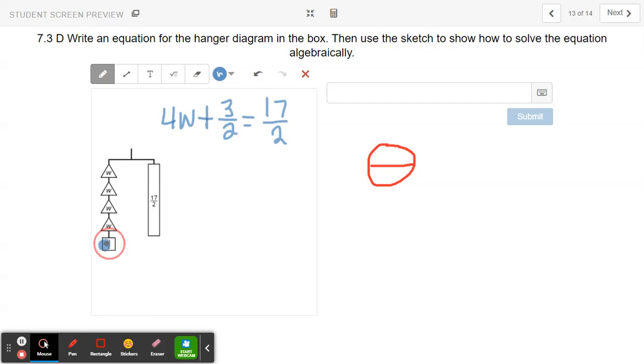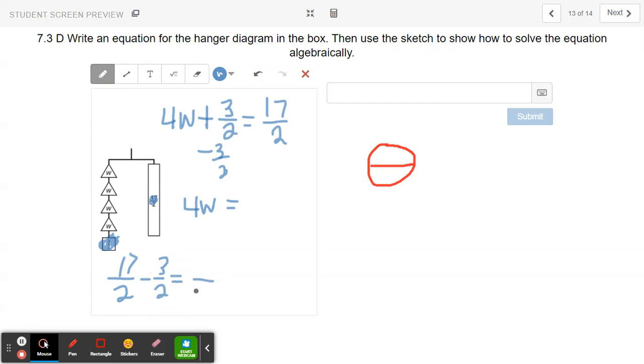So we're going to get rid of the 3 halves on this side, which means if we take 3 halves off of this side, we're left with 4W, which equals, well, we have to take the 3 halves off of this side or it's unbalanced right now. So this isn't 17 halves. We actually have to take 3 halves off. So if you have 17 halves, I'm going to do 17 halves minus 3 halves.